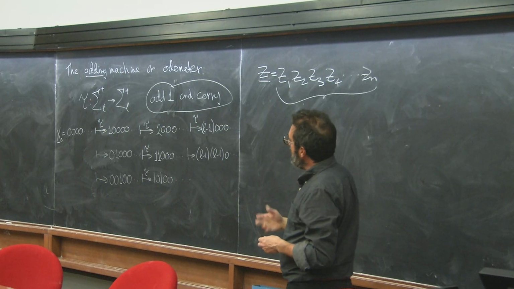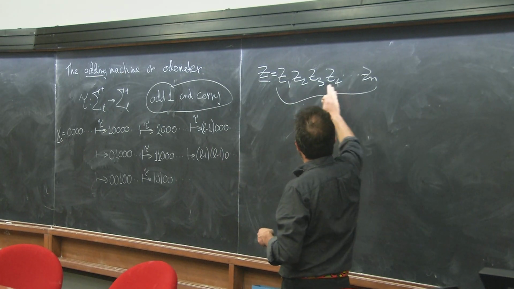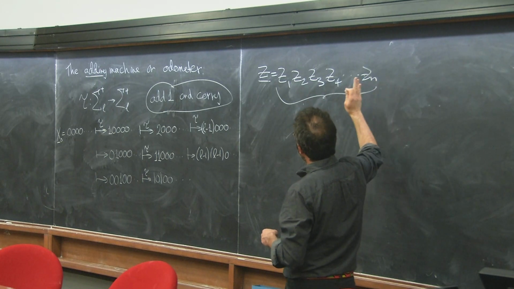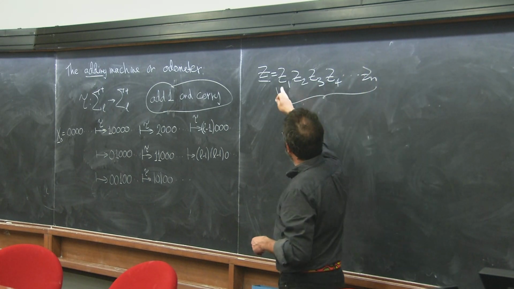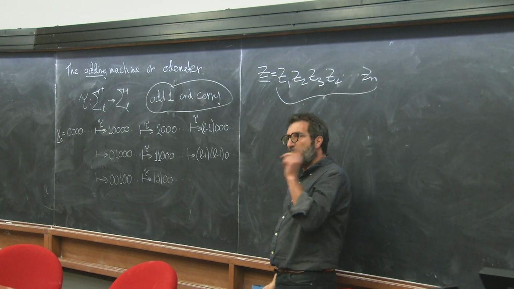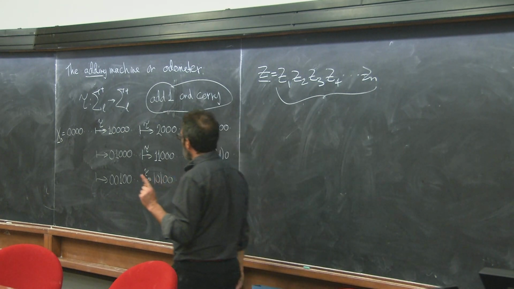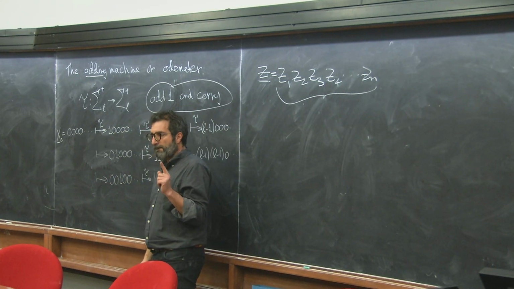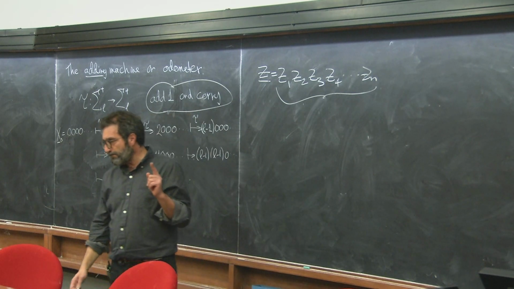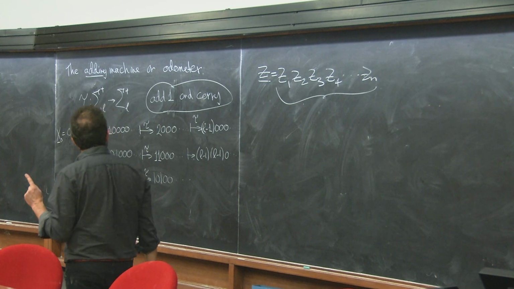So will there be some point in the orbit of 0 where the first n digits will be exactly these digits, whatever they are, 5, 6, 1, 0, whatever? Can we guarantee that? Yes. Why? It's finite. What is finite?